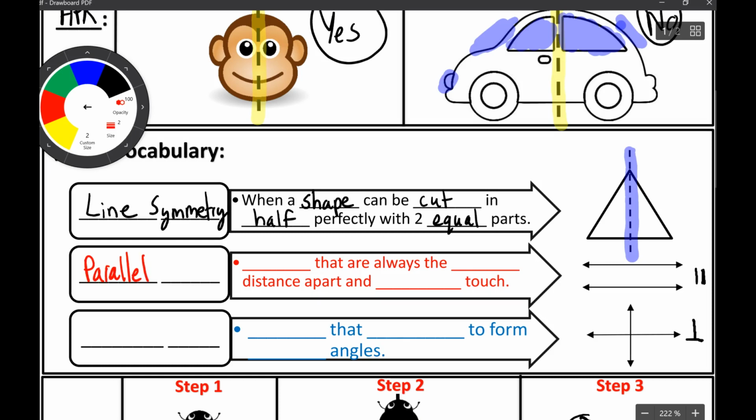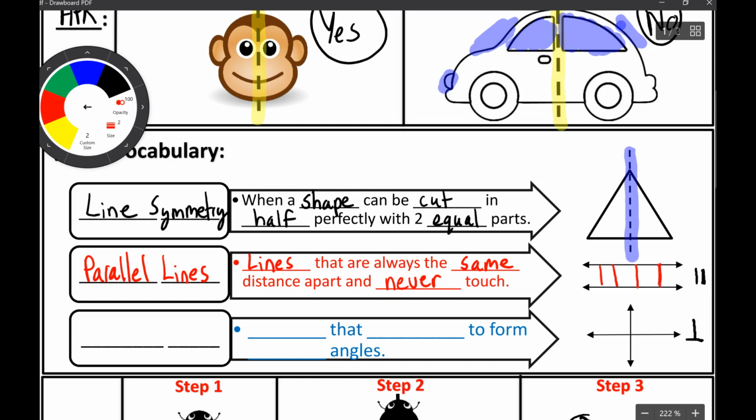Going into my next vocabulary term, I have parallel lines. Parallel lines are lines that are always the same distance apart and never touch. So what I mean by being the same distance apart, you can see right here, these lines are always going to stay this same distance apart.